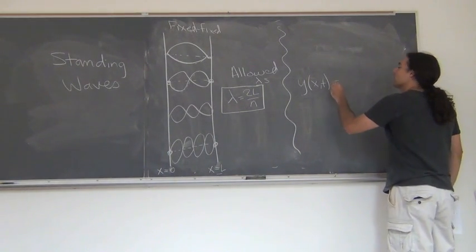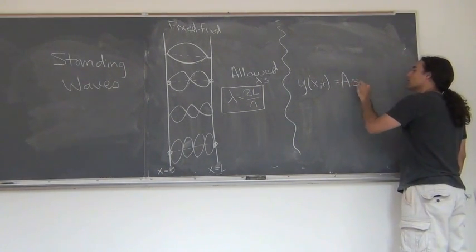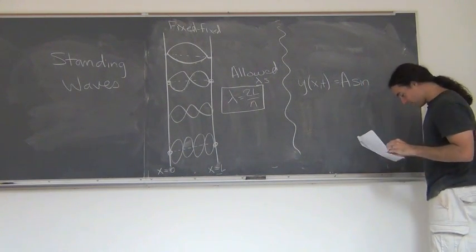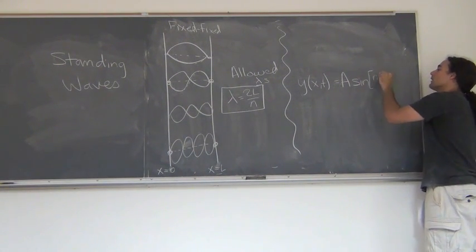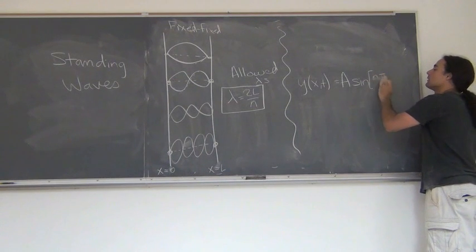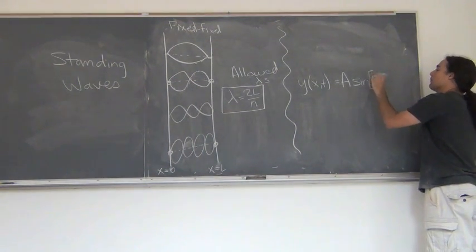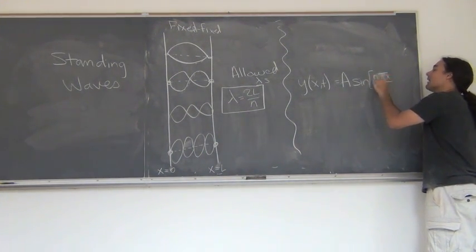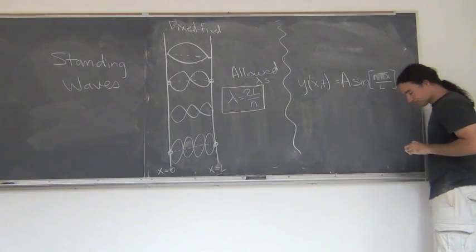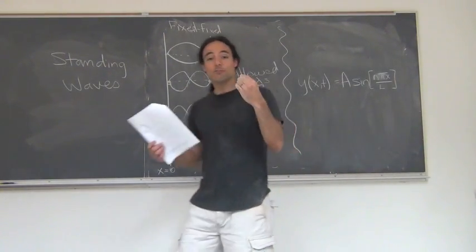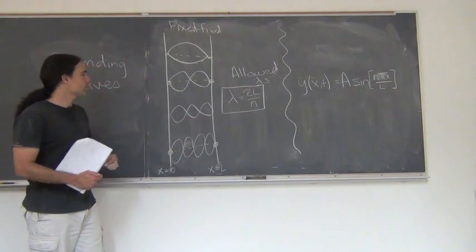I can do that easily enough using a sine function. We can say that that's going to be the sine of n pi x divided by L. That gives me the outline, the shape of the wave.